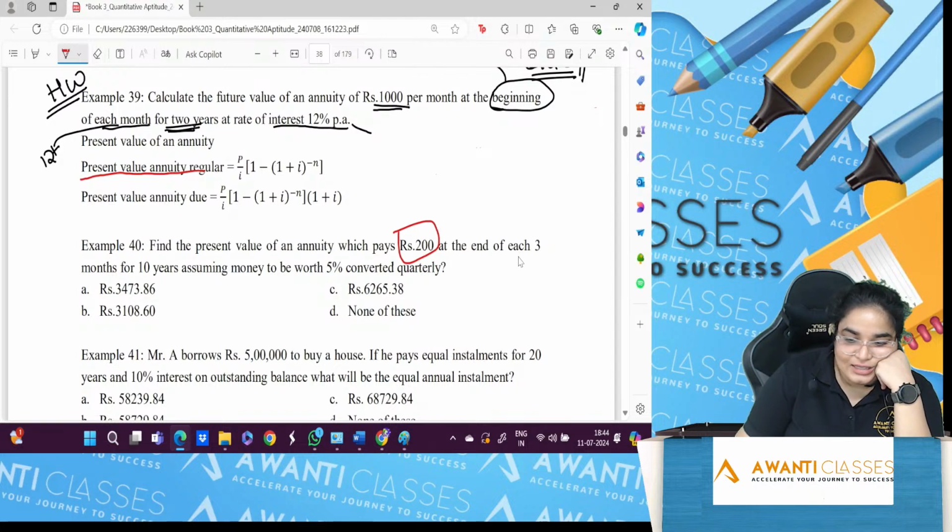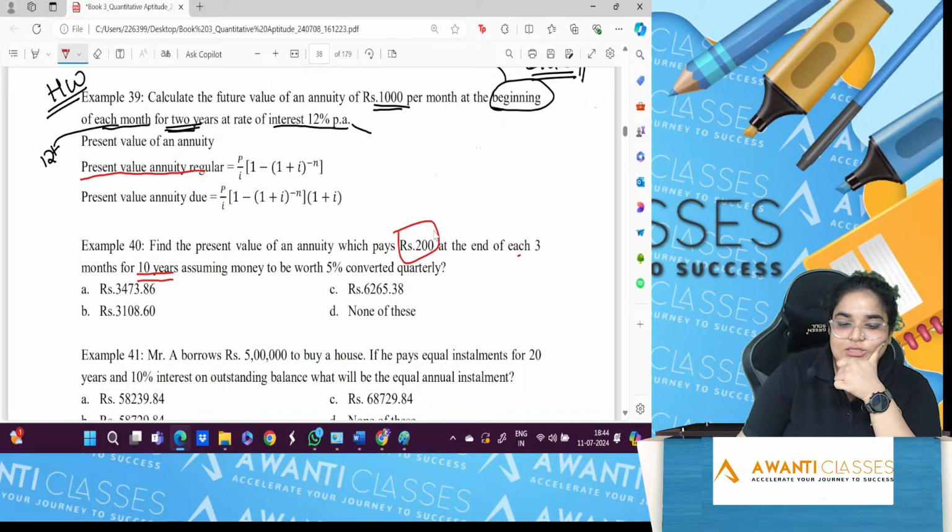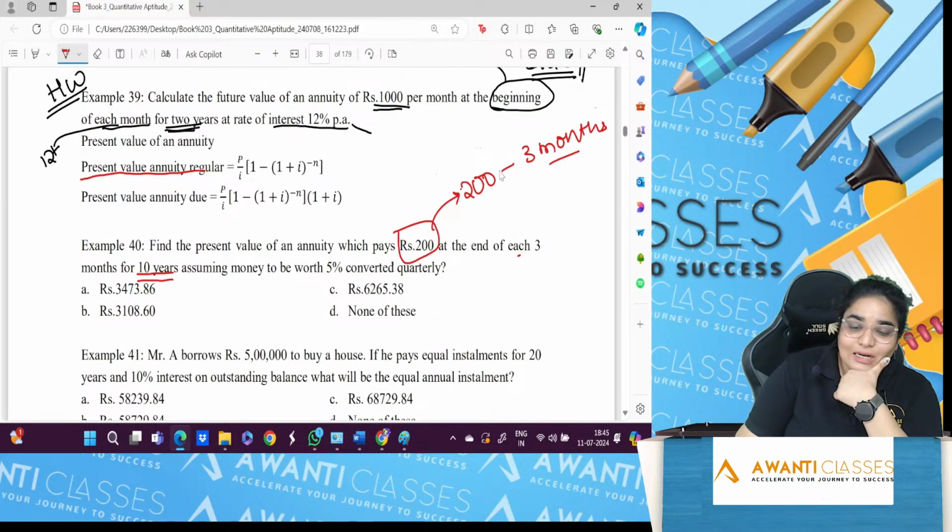So they are saying at the end of 10 years, they want an annuity that will pay 200 rupees for every 3 months. What they are asking is at the end of 10 years, they want this much amount.